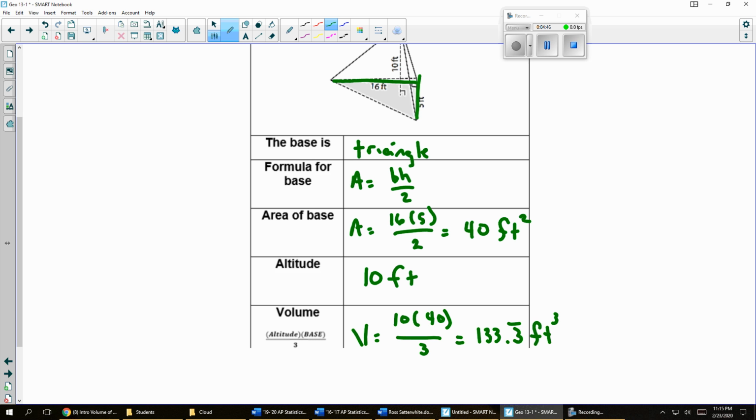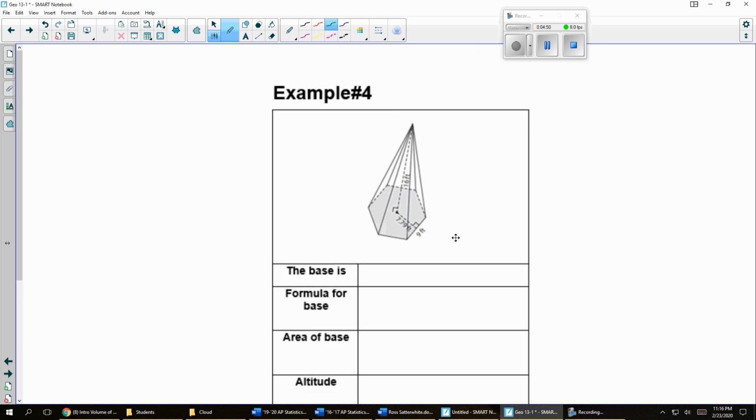And we've got one more example here, a little bit more difficult. Here's what we've got. We've got a 1, 2, 3, 4, 5, 6. This is going to be a hexagonal pyramid. So the base is a hexagon. Perhaps you remember that the area of the base here is the apothem times the perimeter divided by 2.